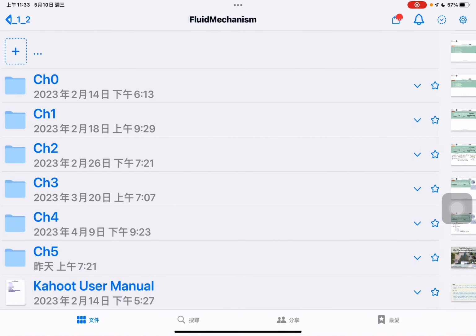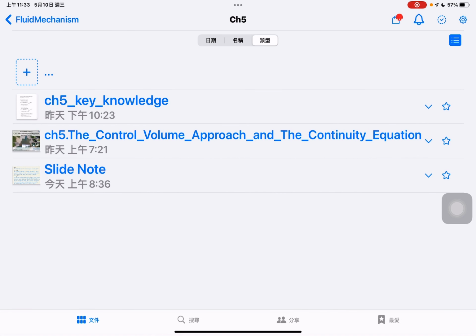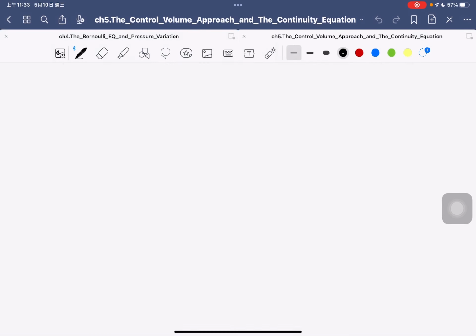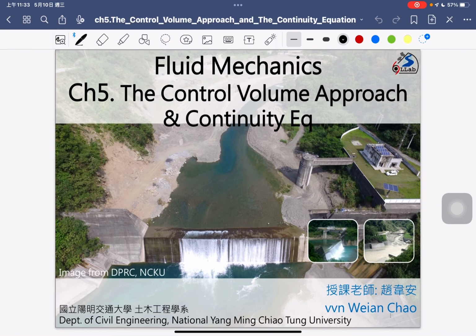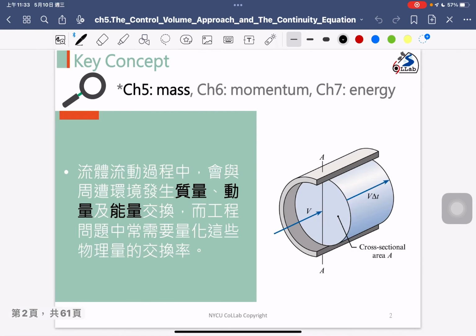want to introduce a little bit of the next chapter, chapter 5. Chapter 5 is a topic related to the control volume approach and the continuity equation. The key concept is that we want to understand how physical properties change or are exchanged in our systems.